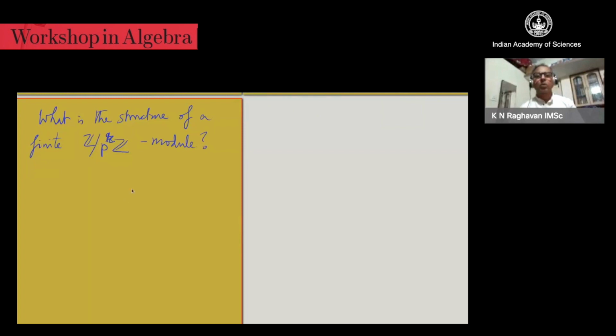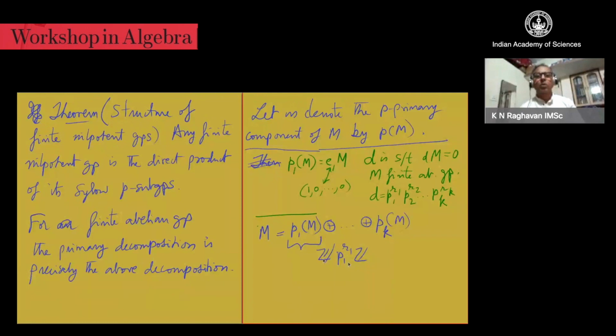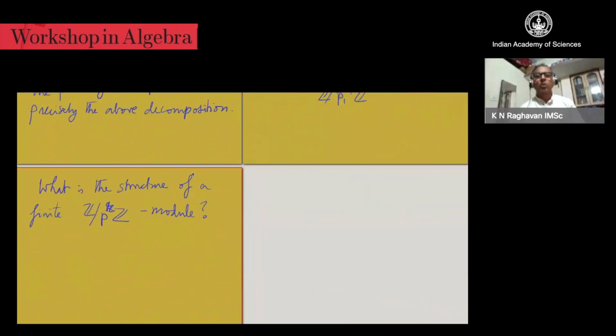Right, because we are down to this case where this is filled by a prime power. Of course, here I am assuming that P is prime and R is some integer bigger than 1.